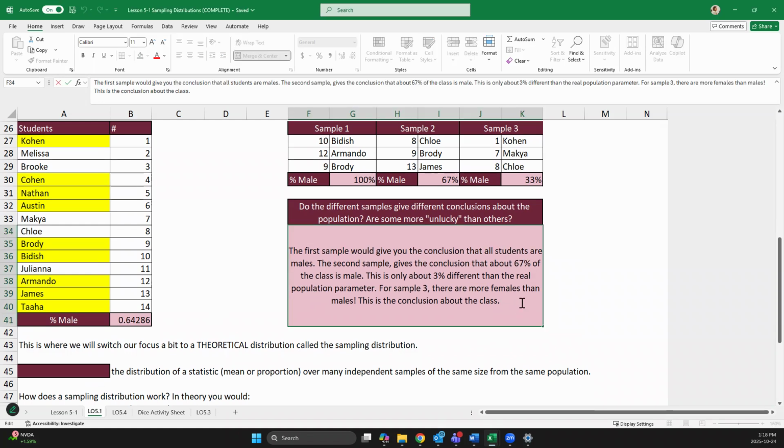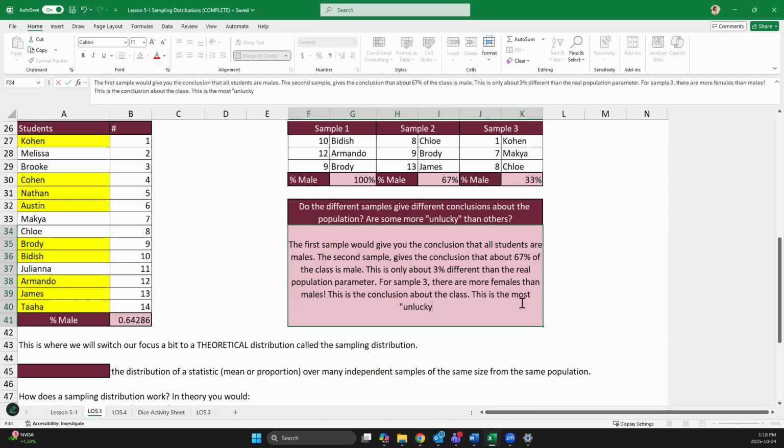So this one might be the most unlucky option, that you got more females just randomly in that sample than in the others. This is the most unlucky option because it gives a different result than the population.